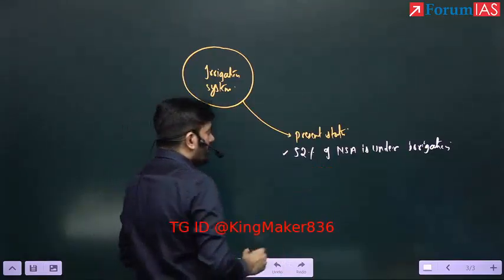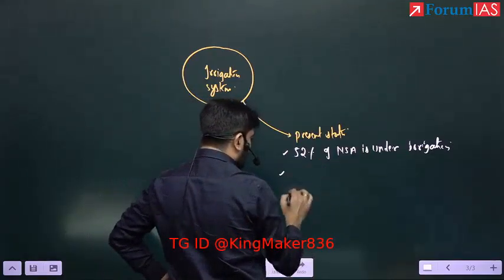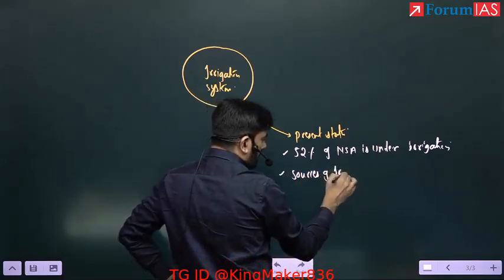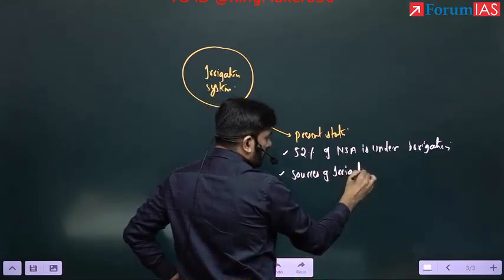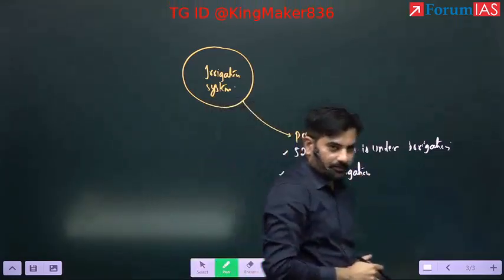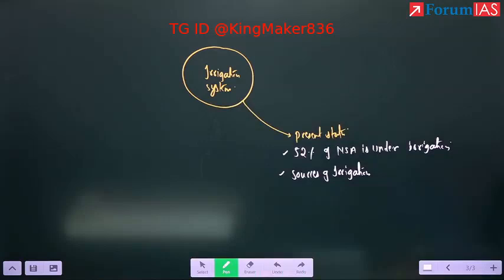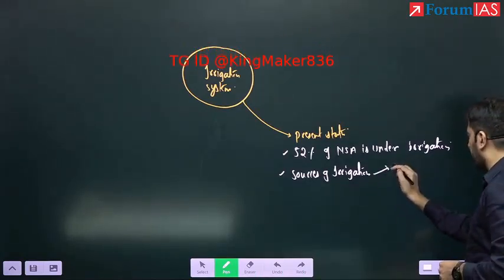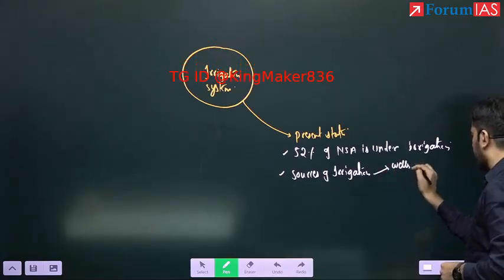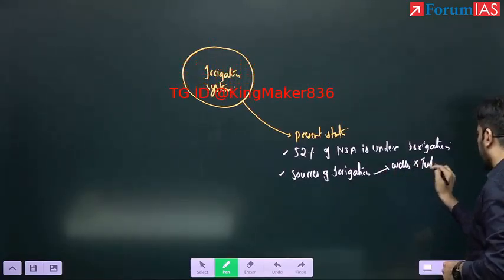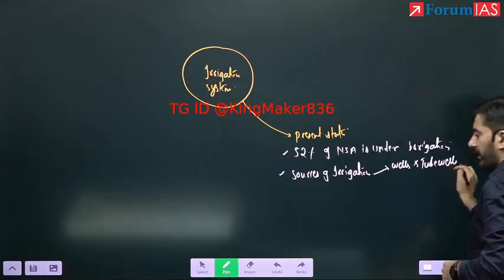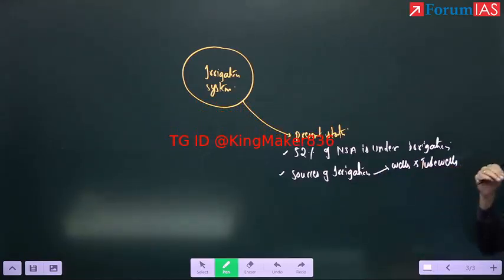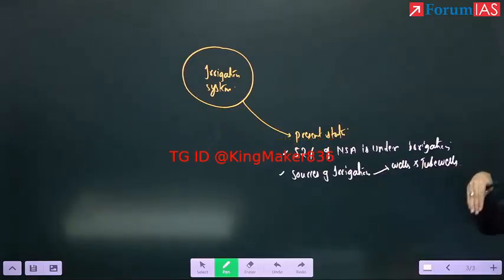Next, with respect to sources of irrigation, how do you irrigate the agricultural fields in India? One source is wells and tube wells. A well is an open well, and a tube well is basically groundwater where you dig a bore well.